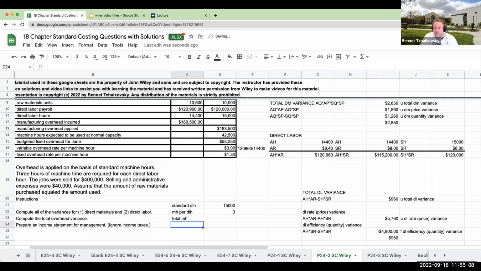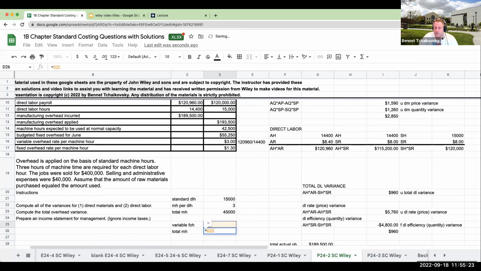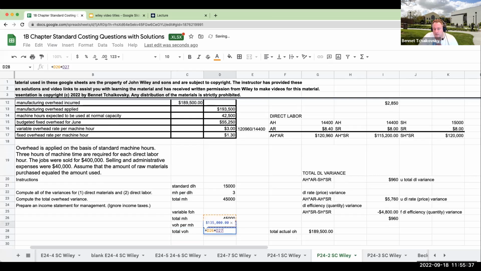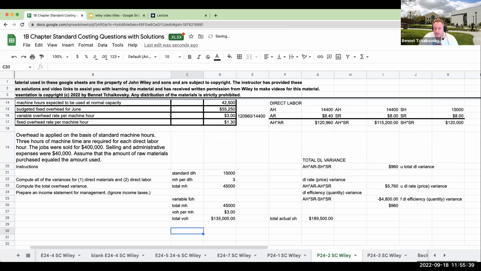So my total machine hours are going to be over here at 45,000. The way this is working is, for my variable factory overhead, I'm going to take my total machine hours and multiply this by the rate of $3. And so this is going to give me my total variable overhead, and again, this is going to be 135,000.